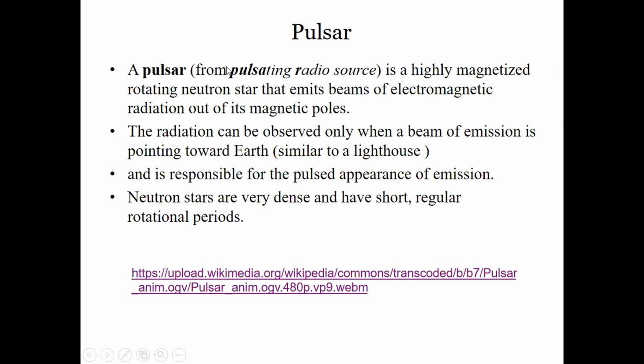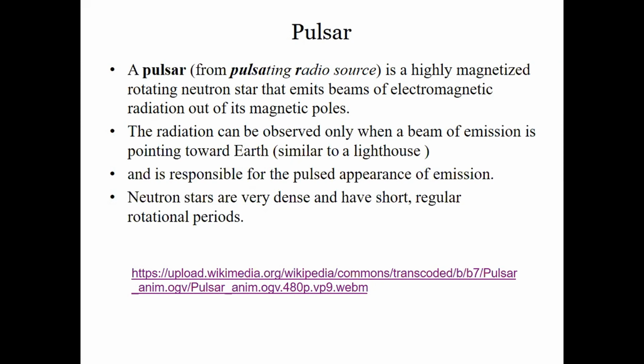Before we do a problem for a pulsar, let us briefly talk about a pulsar. A pulsar is a star. It comes from the pulsating radio source, which is a highly magnetized rotating neutron star. A neutron star is basically full of neutrons.